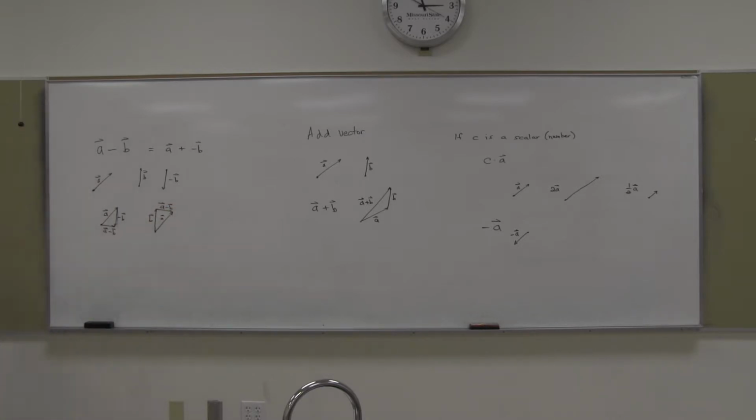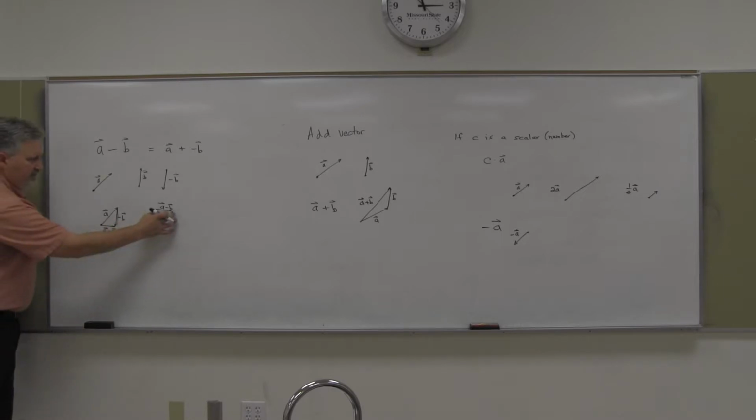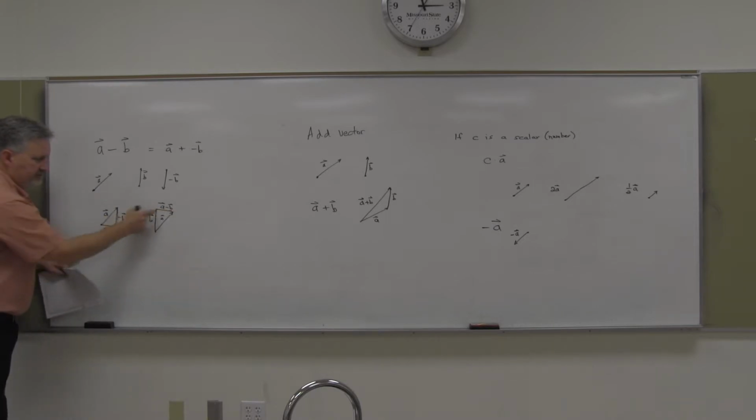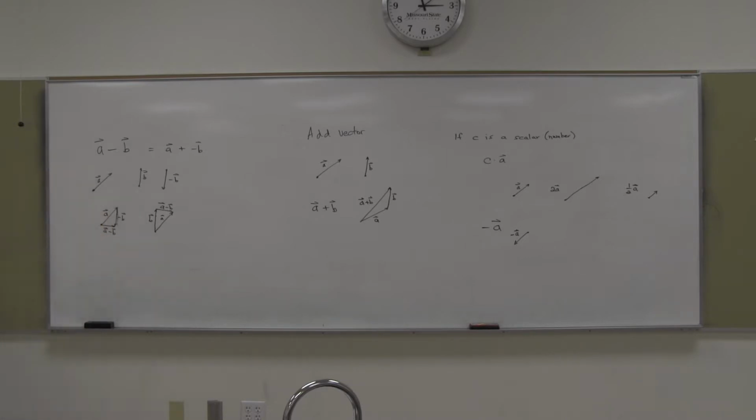That's exactly A minus B: put the two tails together, or the two terminal points together. You get the same vector, because it's the same magnitude and direction. So that's the way to do it.